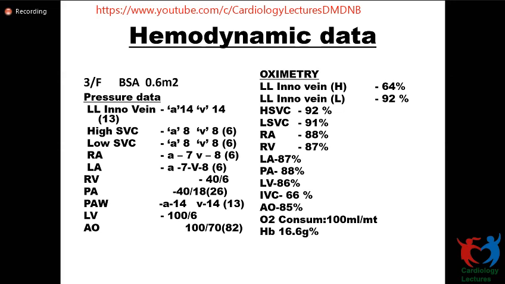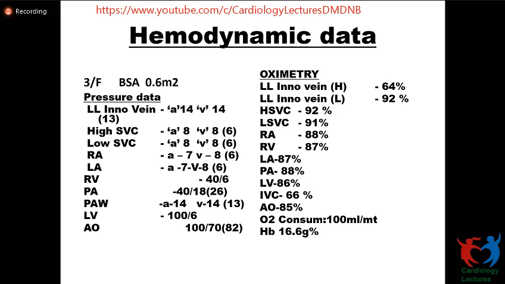Left innominate vein pressures and pulmonary artery wedge pressures are the same, almost. They are equal. So obviously the pulmonary veins are actually connected to the innominate vein rather than to the left atrium.